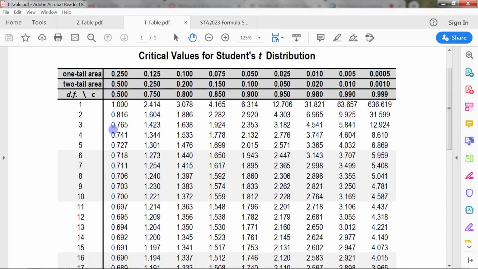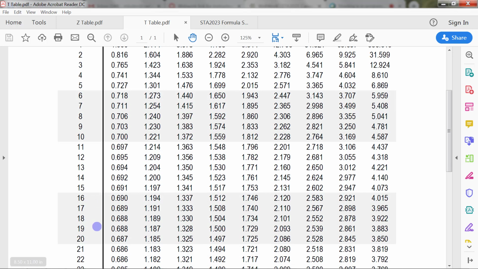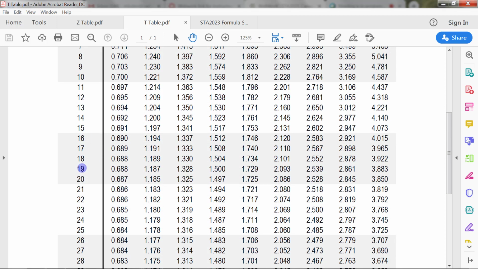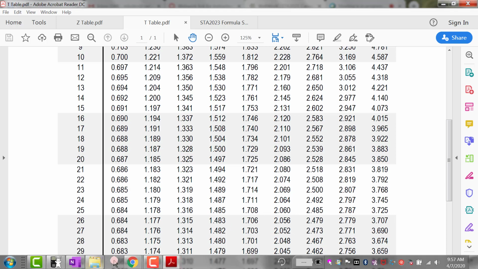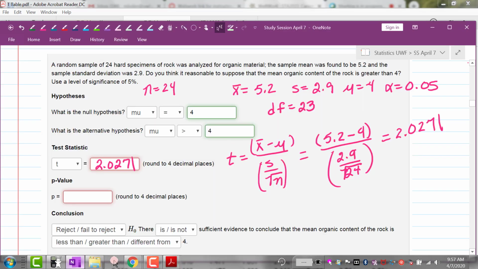We have to come down to 23 degrees of freedom. So 23 degrees of freedom right here. And we're going to look for the interval that encompasses our test statistic. And our test statistic was 2.0271.